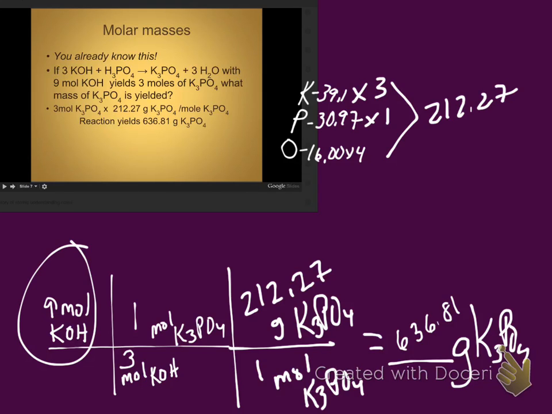Our given was 1 sig fig. So, how would you express that with correct sig figs? .600 grams. Very, very imprecise.